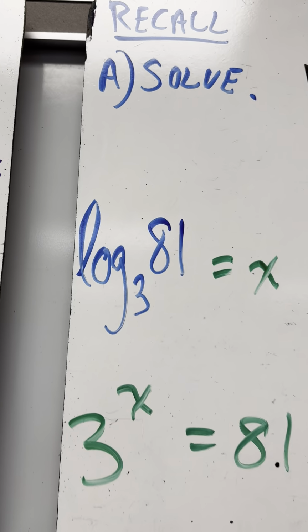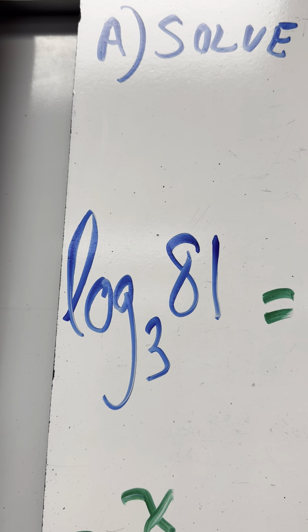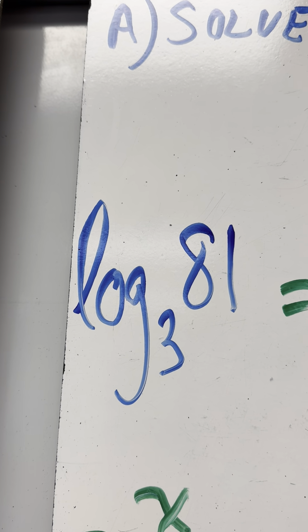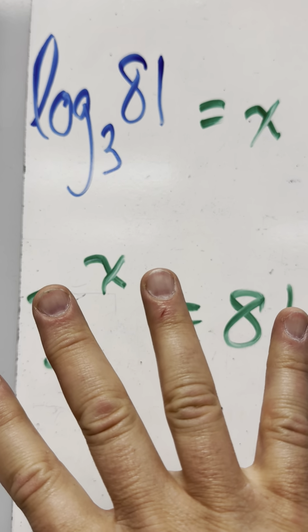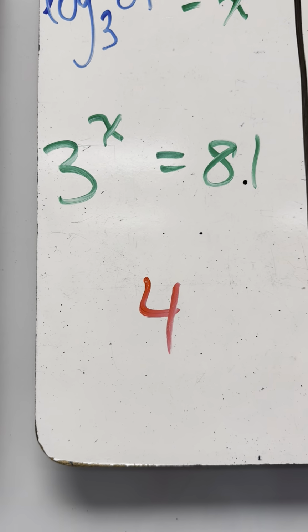So I'm going to ask you to recall this, all right? Log base 3 of 81 equals x, and I need you to remember 3 to the x equals 81. 3 to the what power equals 81? 3 times 3 is 9, times 3 is 27, times 3 is 81. Your answer is 4.